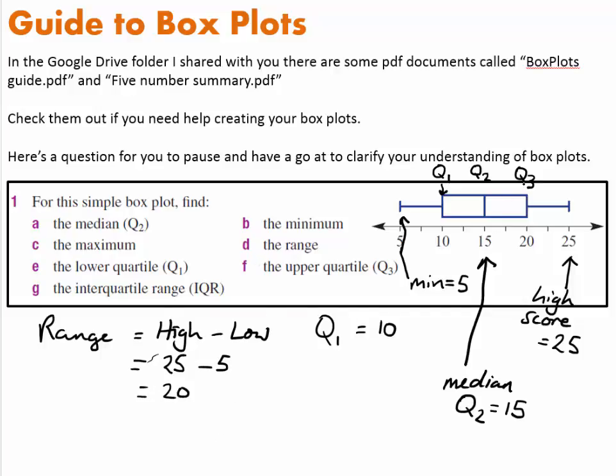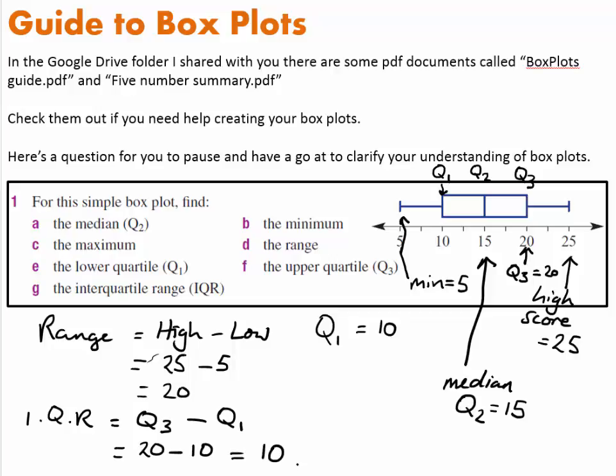The upper quartile I pointed out was this one here, so Q3 equals 20. Lastly, the interquartile range is equal to Q3, the upper quartile, minus the lower quartile, which is Q1. In this case, that is 20 minus 10, so our interquartile range is 10.